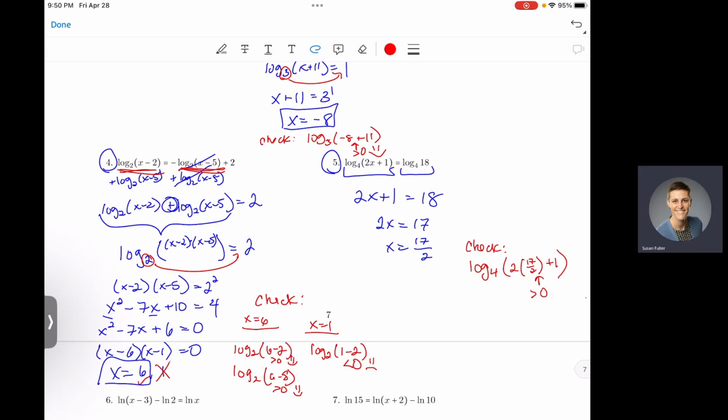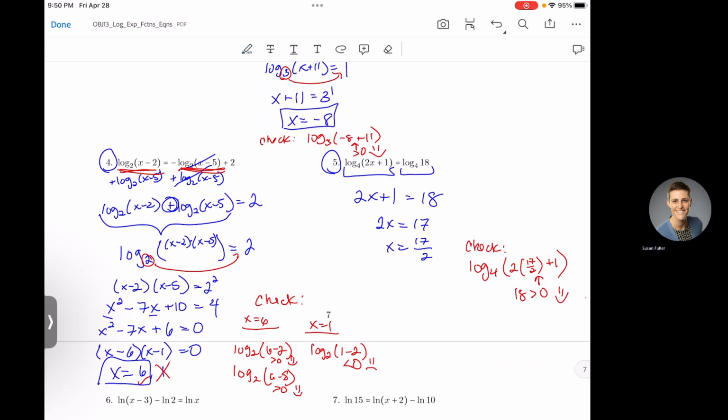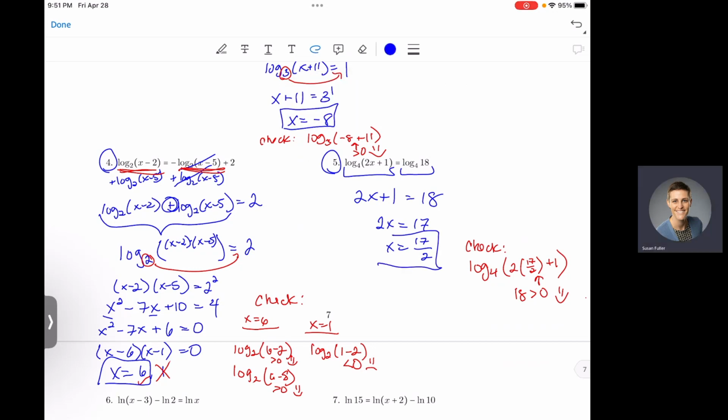And 2 times 17 over 2 is 17 plus 1. That's 18. That's greater than 0. We are good. And x equals 17 over 2 is our solution.